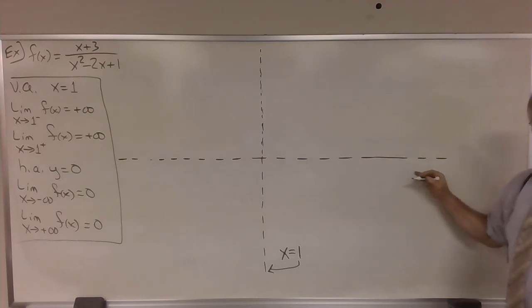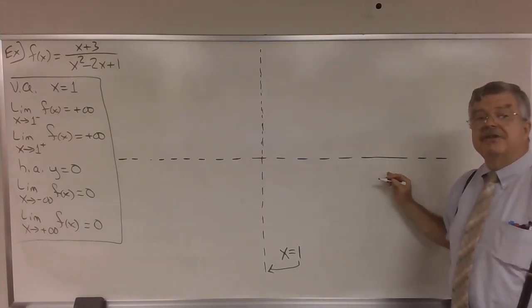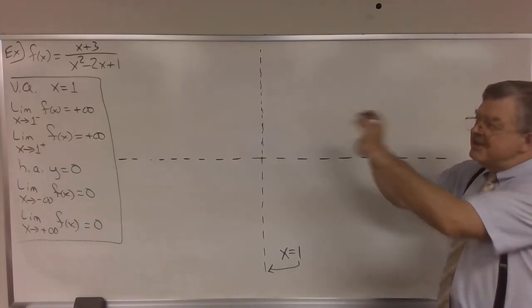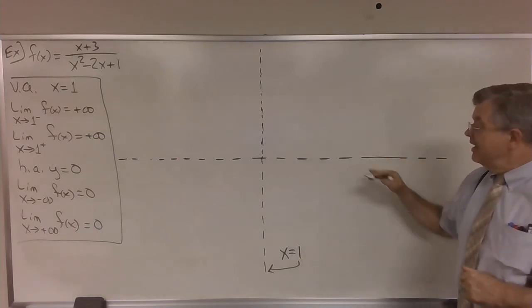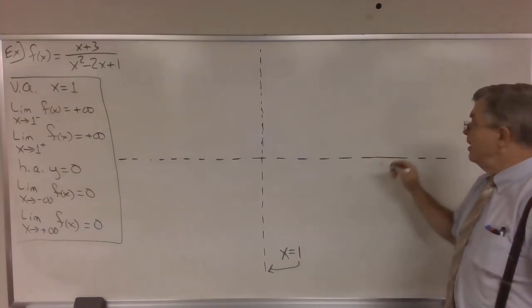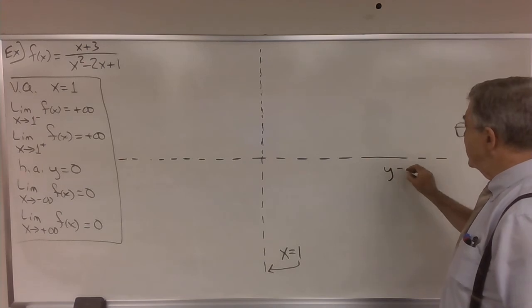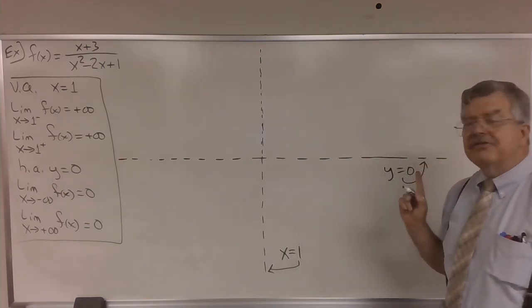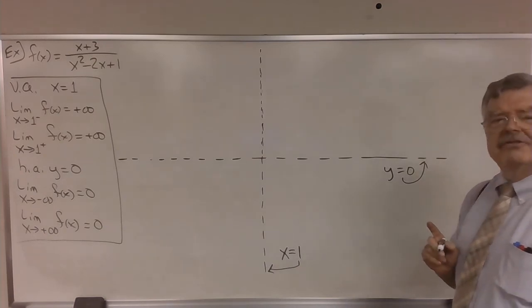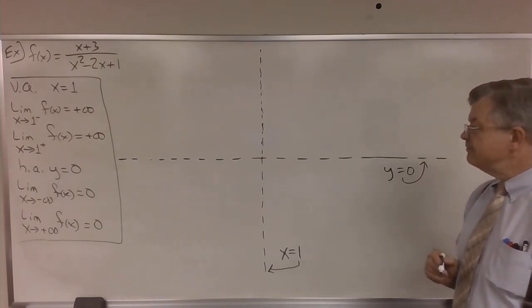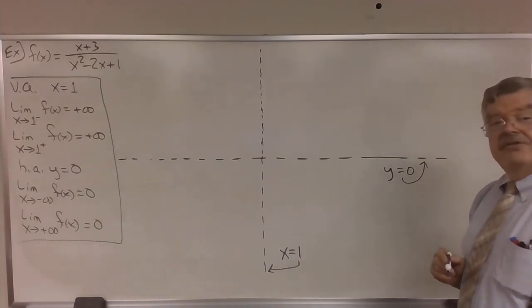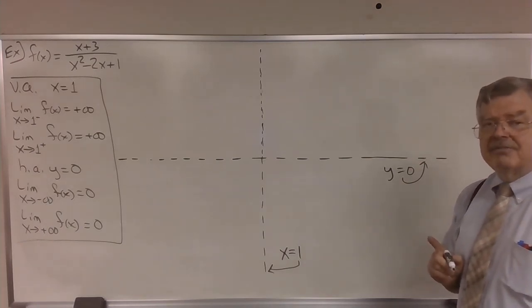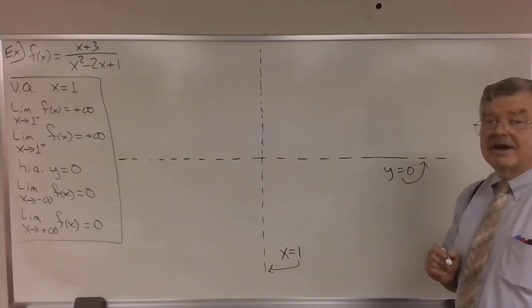And I guess we're drawing the x-axis here because it is an important feature for this particular function. The x-axis, also known as y equals 0, is the horizontal asymptote of the function that we just worked with. So I've plotted my asymptotes. Now I've got to draw the graph.